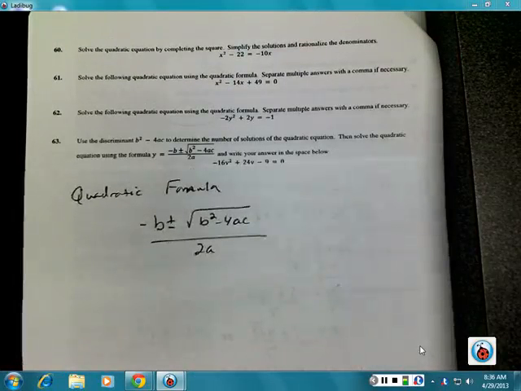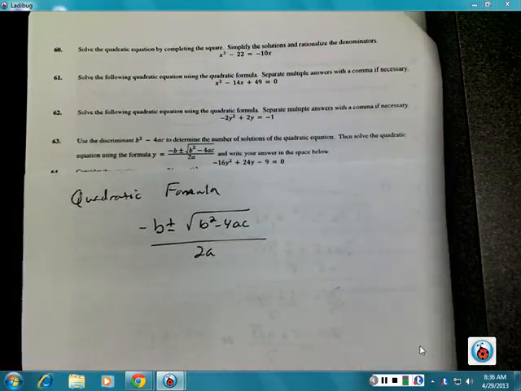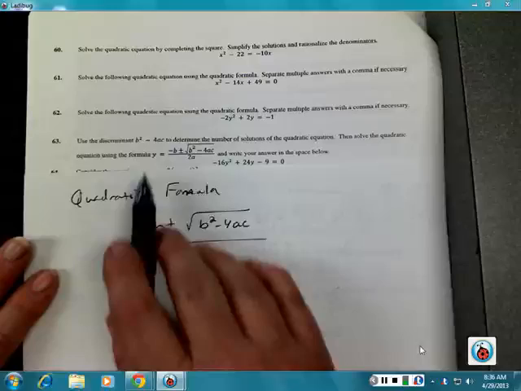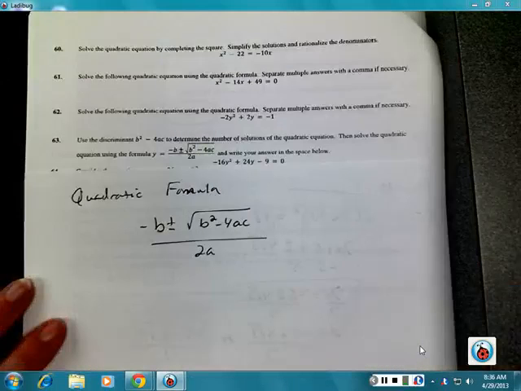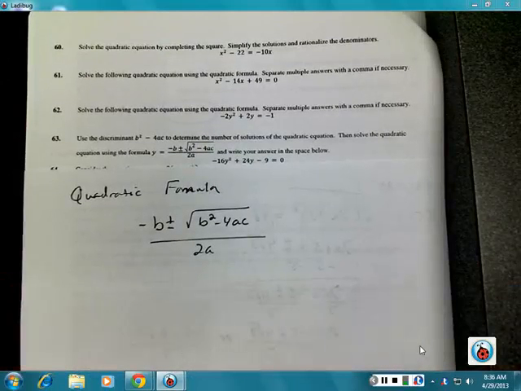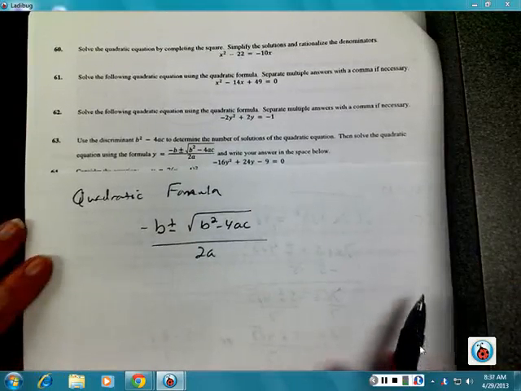And probably 63, because 63 basically is saying use the discriminant, which is the stuff under the square root, to determine what you have with that following value in there. We good with that one or not? Okay.